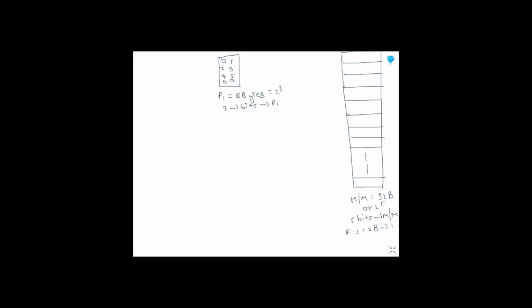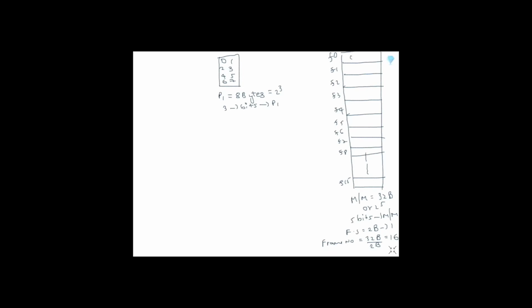Now, how do we get the number of frames? We have to divide the main memory size, 32 bytes, by the frame size, that is 2 bytes. So that gives you 16 frames. In order to represent these 16 frames, we need numbers 0 to 15, that is frame 0, frame 1, frame 2, and so on up till frame number 15.